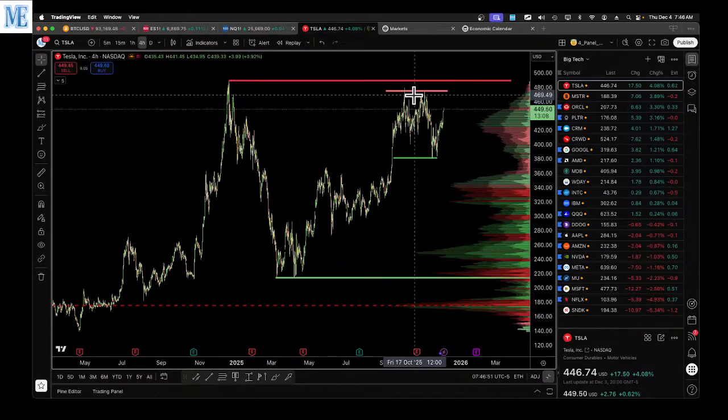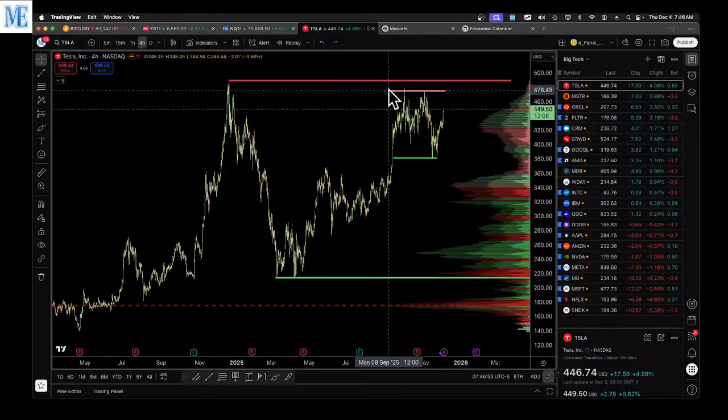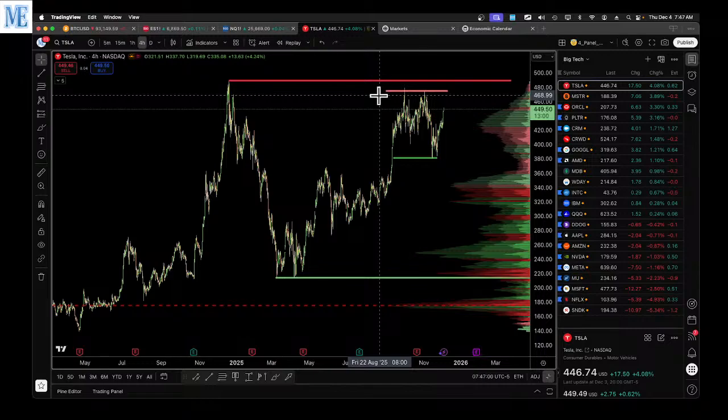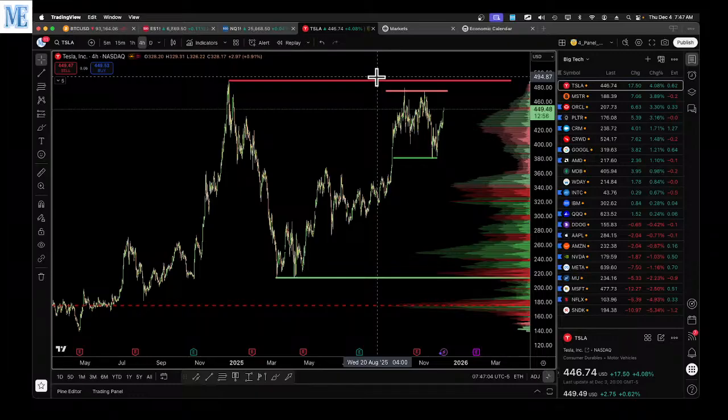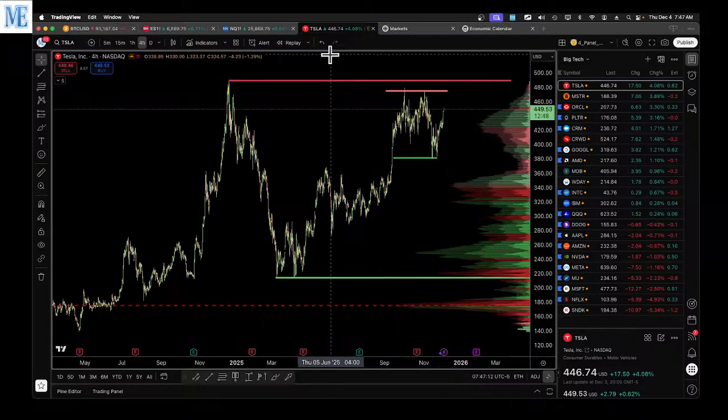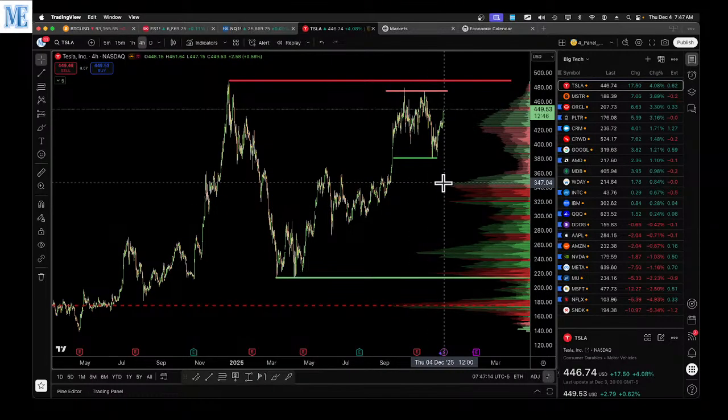And also short term, we've been having some issues getting through 474, 475 and change, and so I had marked that one out as well. Tesla right now is not really easy to trade. Volatility in here is almost non-existent.